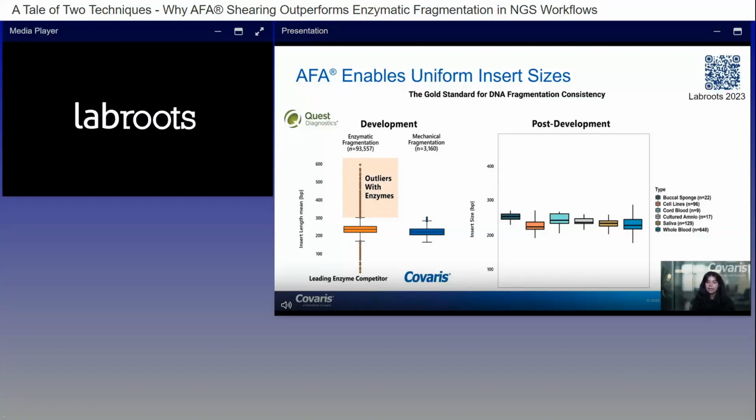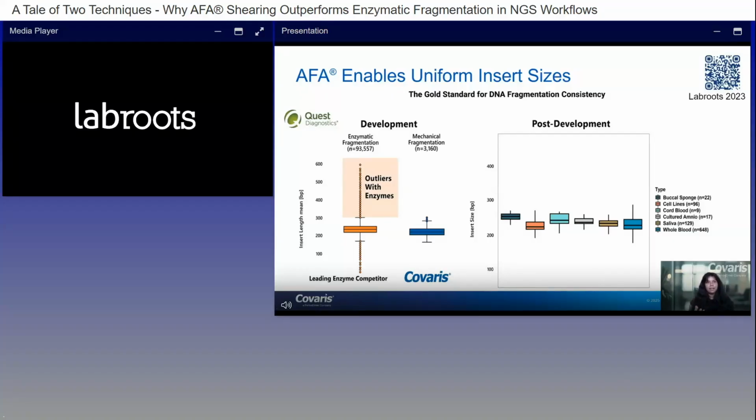On the other hand, you can take a look at the Covaris sheared library, and you can see that it has a much more uniform distribution of insert sizes, with the entire library falling neatly within the target parameters. This is going to lead to a better sequencing result.